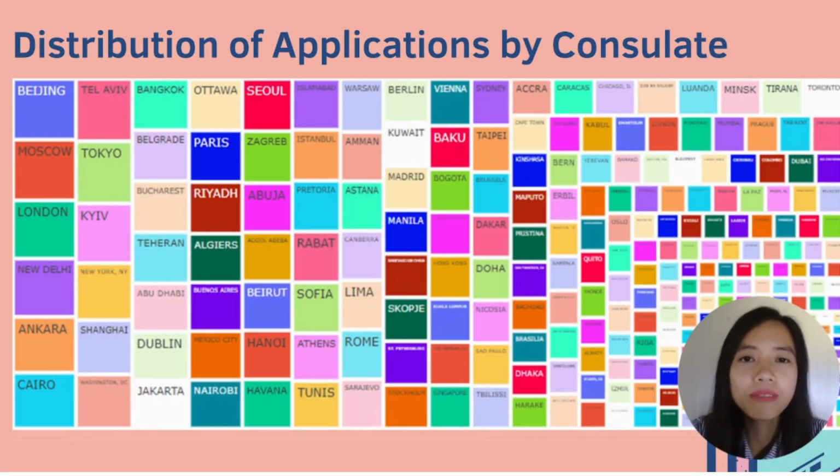Next, we have the same tree map graph for the distribution of applications by consulate. Although from the previous graph we have USA as the top one in terms of country, in this visualization we have Beijing. Beijing is not located in USA; it is located in China. But in terms of consulate, Beijing is the top one with a lot of Schengen visa applications.